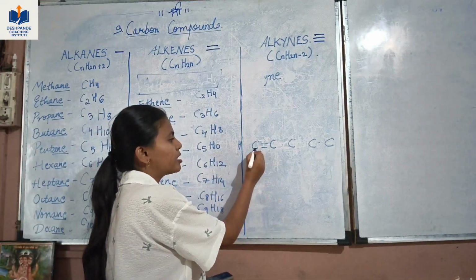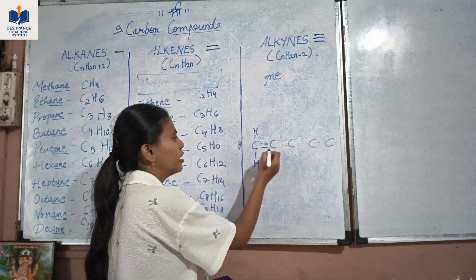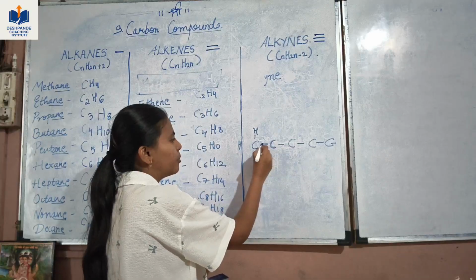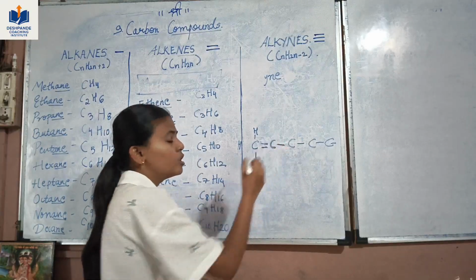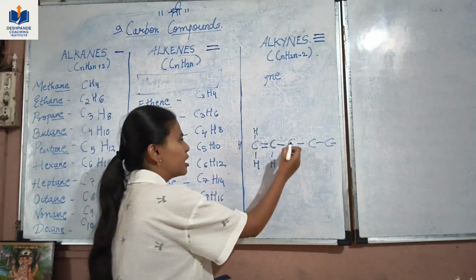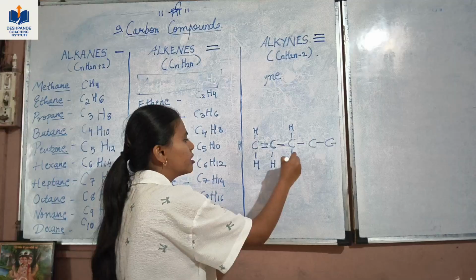Now first we'll look at this carbon. It has already 2, so it needs only 2 hydrogen. Now we look at this carbon atom. It has already 3 bonds: 1, 2, 3. So it only needs 1 because carbon can make only 4 bonds. Now look at this carbon atom. It has already 2 bonds, so it needs 2 hydrogen.